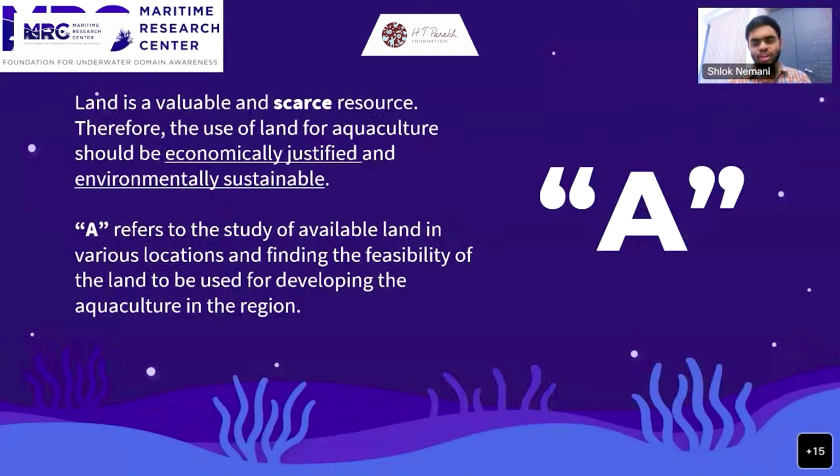A refers to the study of available land in various locations of India by looking at previous data and finding the feasibility of a land to be used for developing aquaculture. Recently, the director of ICAR CMFRI said they are tapping around 340 regions in India to grow seaweed. Whether they are feasible or not has to be looked at by analyzing how many farms there are in the associated regions and how much they are producing.